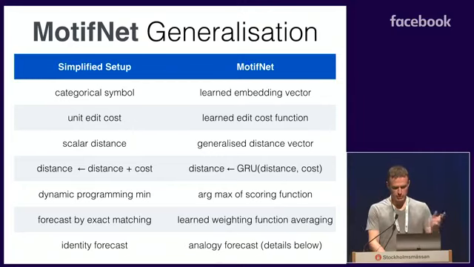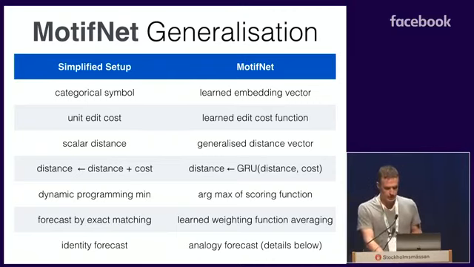So the symbols become learned embedding vectors, as in a language model. The unit edit cost of the Levenshtein distance becomes a learned edit cost function, which gives you a cost vector. Scalar distances become generalized distance vectors, which we'll come back to shortly. And the operation distance plus cost is replaced with a recurrent unit, so a GRU.